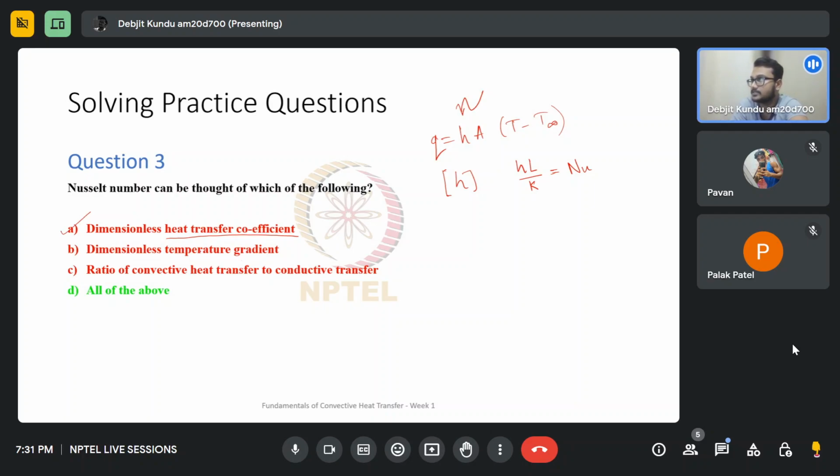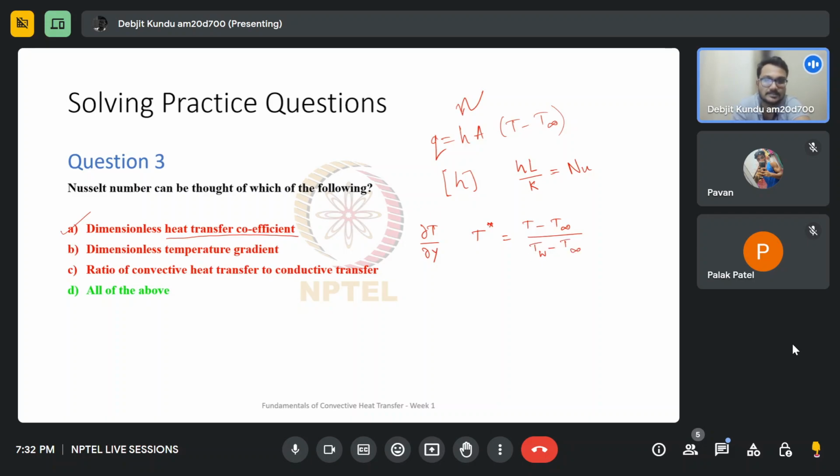Now let's have a look at dimensionless temperature gradient. How do we write temperature gradient? In this fashion, right? dou T dou y or dou T dou x, whichever spatial gradient we are looking at. This is a dimensional parameter. In order to go to a dimensionless parameter, we need to non-dimensionalize both this T and y. So let's say we define a non-dimensional temperature T star as T minus T infinity divided by T w minus T infinity.